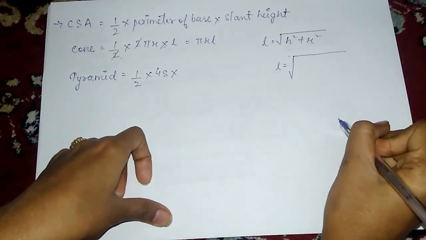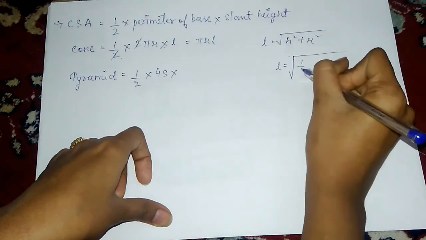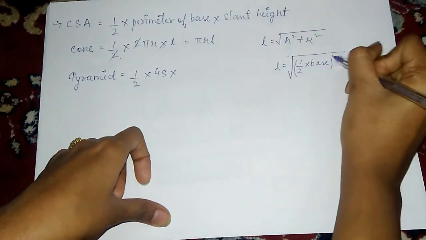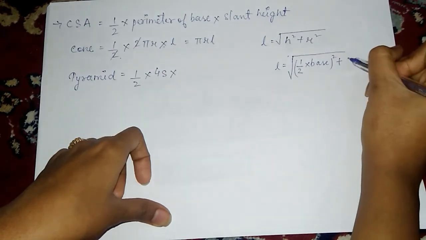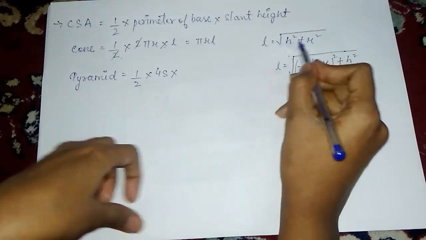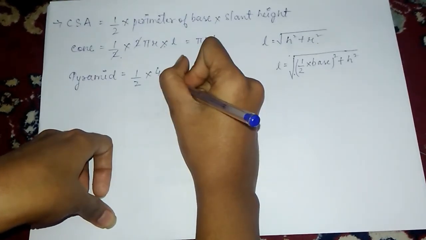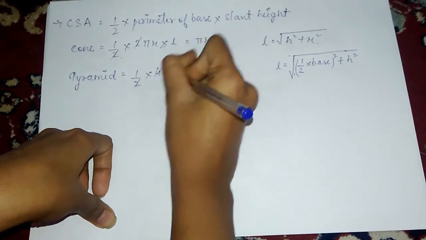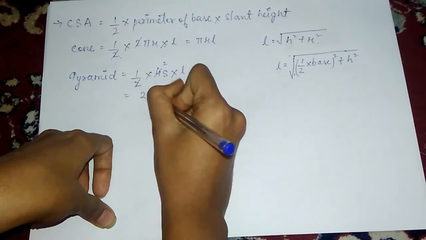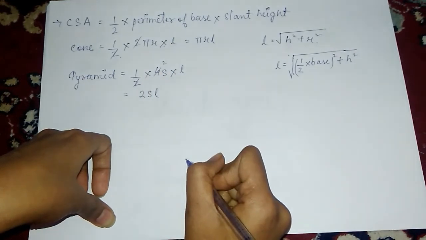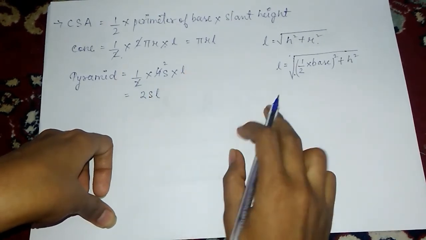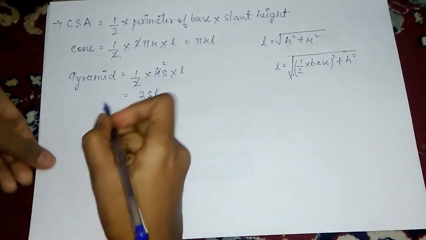You have to divide the base into half, and h square. This is the slant height of a pyramid. This is the slant height of a cone. So it becomes 2SL. Here S is the side of the square base of the pyramid.